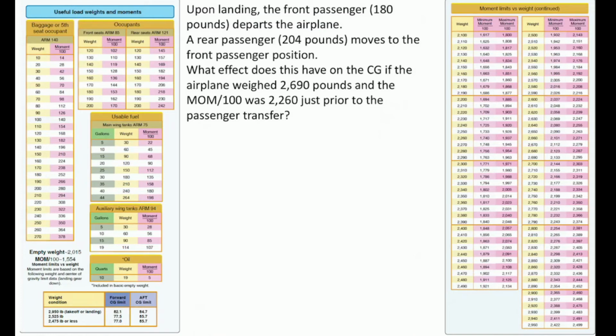We need to figure out what the original CG was, and then figure out what the new CG is. So let's just start with that first, and then from there we can figure out the rest. So we know that the CG equals moment over weight.